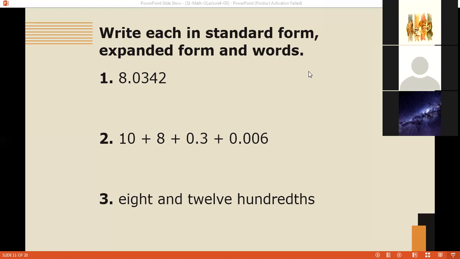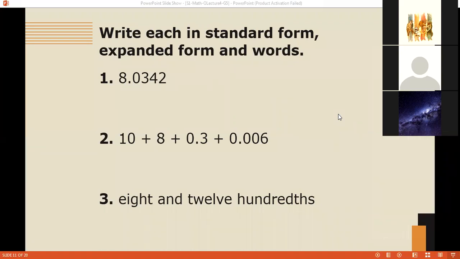Let me choose another one to do the expanded form. Yalla, Majid. We are still in the first number. Write it in expanded form.